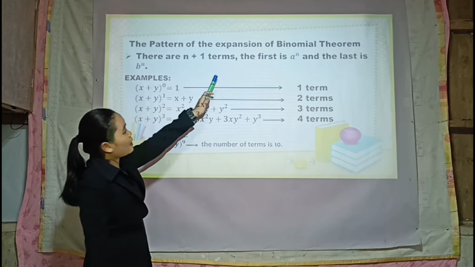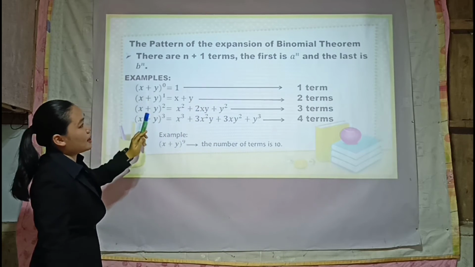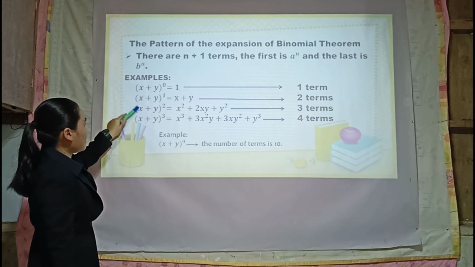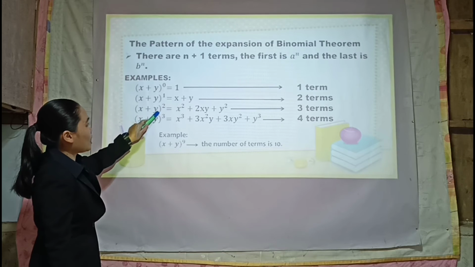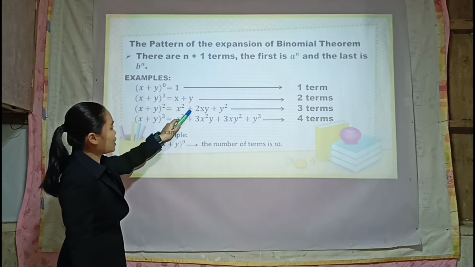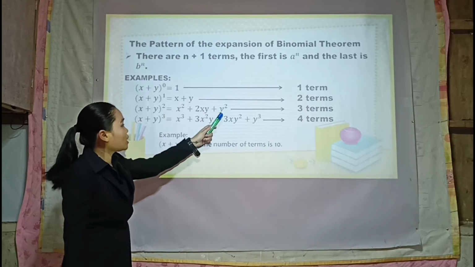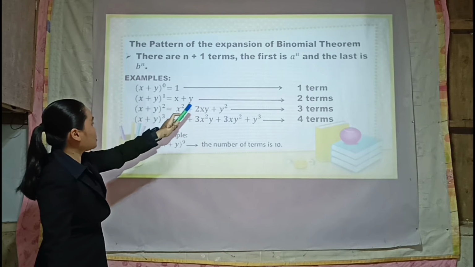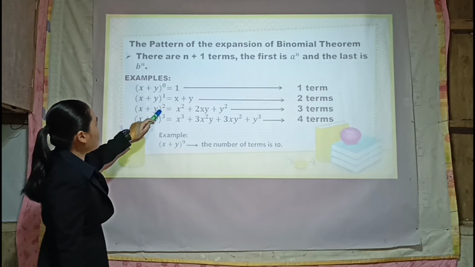And for this statement, the first is a raised to n and the last is b raised to n. Try to look at this example. We have x plus y squared equals x squared plus 2xy plus y squared. So, the first is a raised to n and the last is b raised to n.